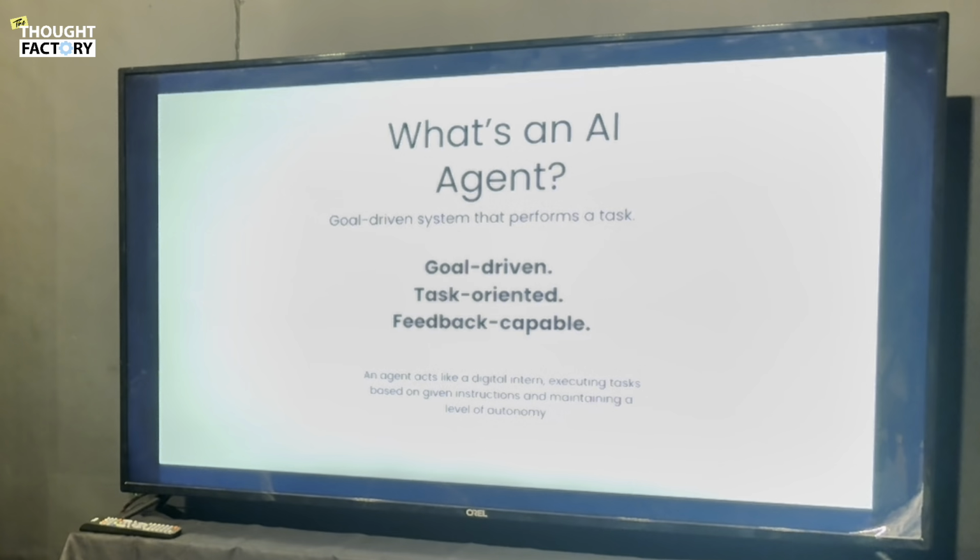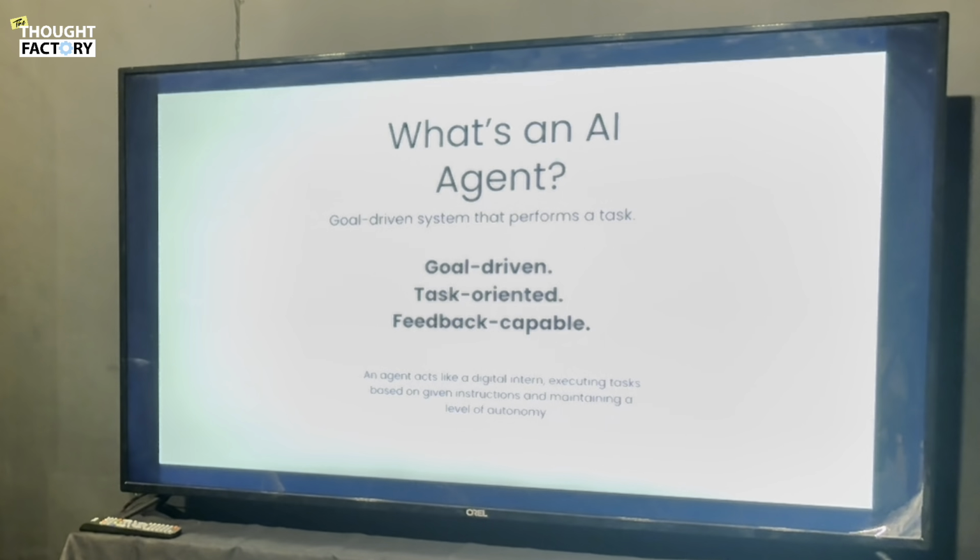It performs one task, it's oriented to do that task specifically, and it is feedback capable. What do I mean by that? The agent is ready to take feedback and adapt based on it, right? So an agent acts like a digital intern. What does this mean?